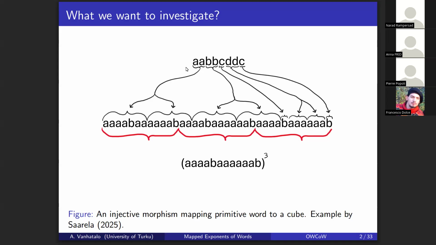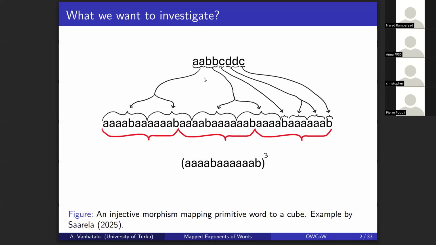Here we have this starting word. This is like a preview of what I'm going to talk about. We have some kind of starting word, and then we map it by some non-trivial morphism, here shown by these arrows. And here non-triviality means at this stage injectivity.